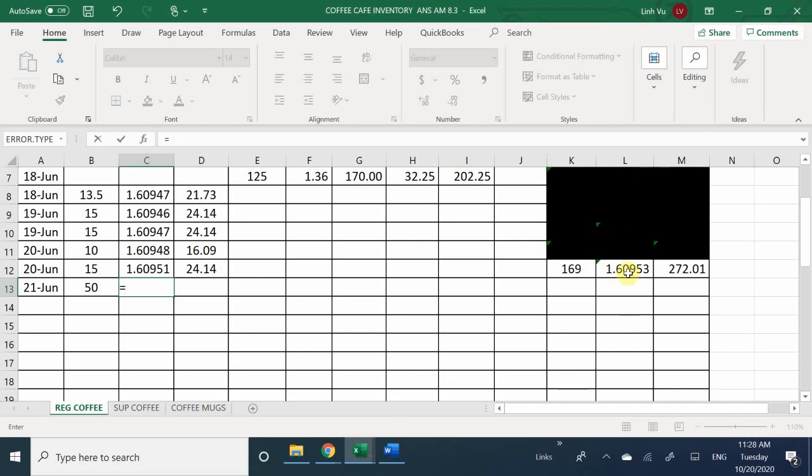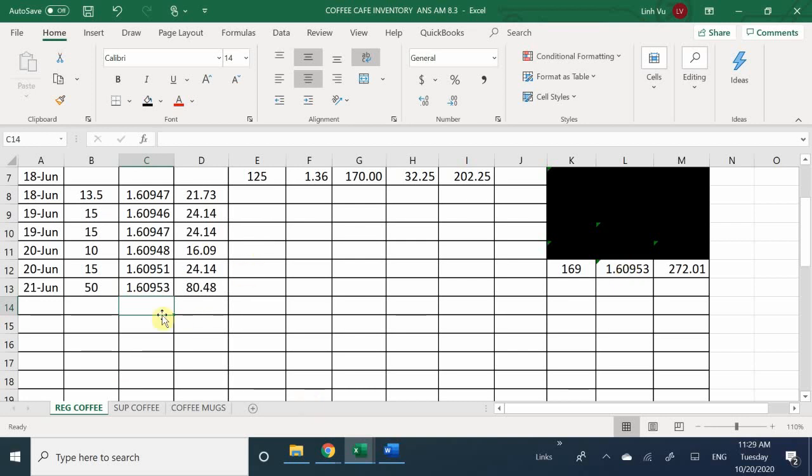At 1.60958, plus 80.47, and rounding it off, 80.465. Did you round this number?